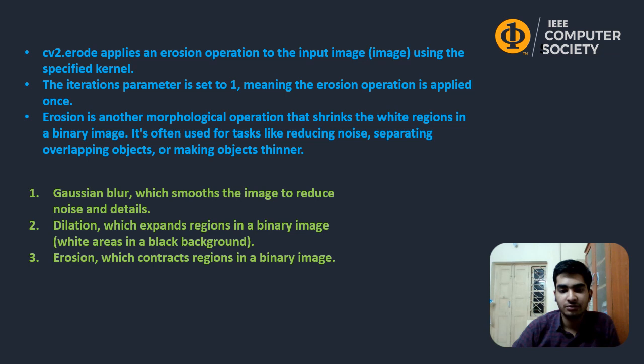It is often used for tasks like reducing noise, separating overlapping objects, and making the objects thinner. In summary, Gaussian blur smooths the image to reduce the noise and details. Dilation expands regions in a binary image. Erosion contracts regions in a binary image, especially the white regions.